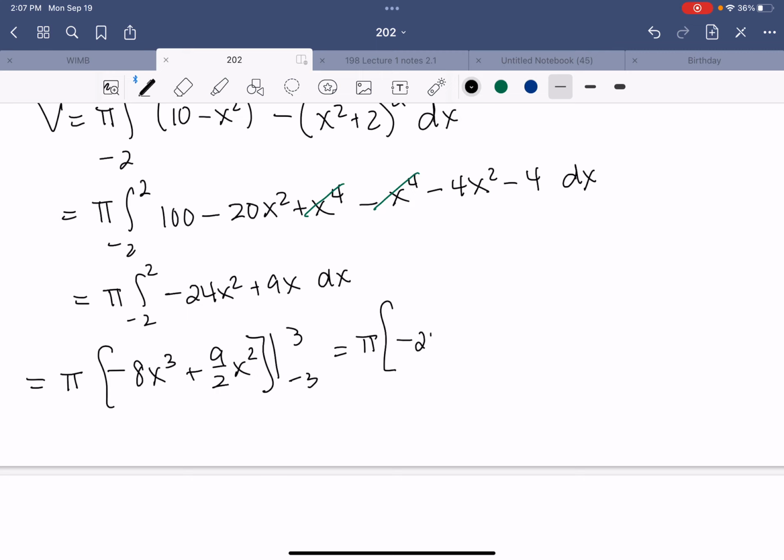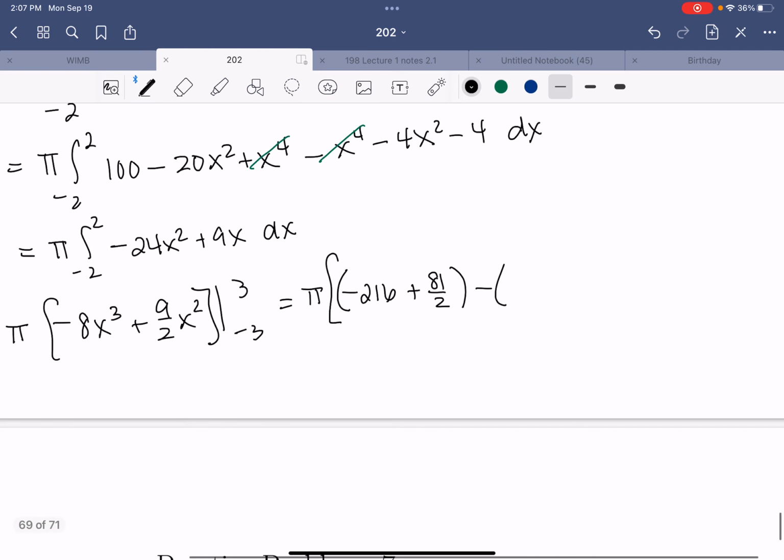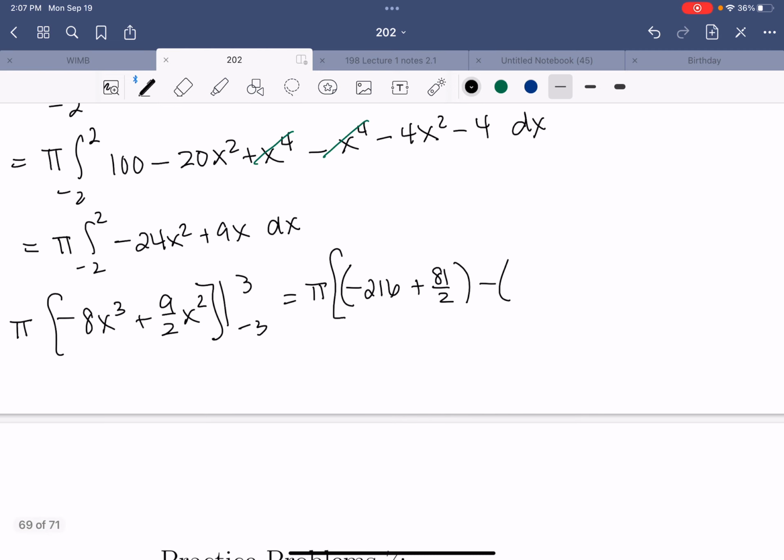So this is -216. 3 squared is 9. 9 times 9 is 81. So plus 81 over 2 is when I plug in 3. Minus when I plug in -3. -3 cubed is -27 times 8 is going to give me positive 216. And when you plug in -3 and square it, that's 9. 9 times 9 is 81. So this is plus 81 over 2.